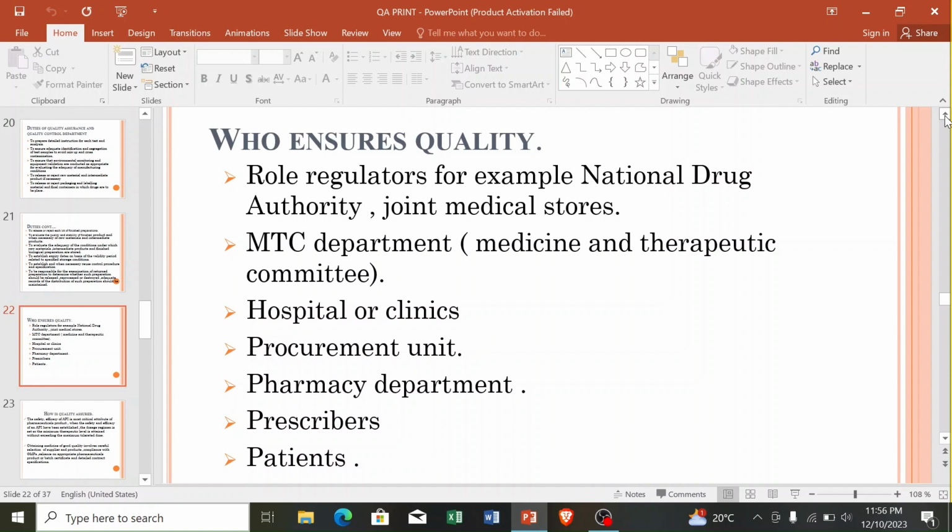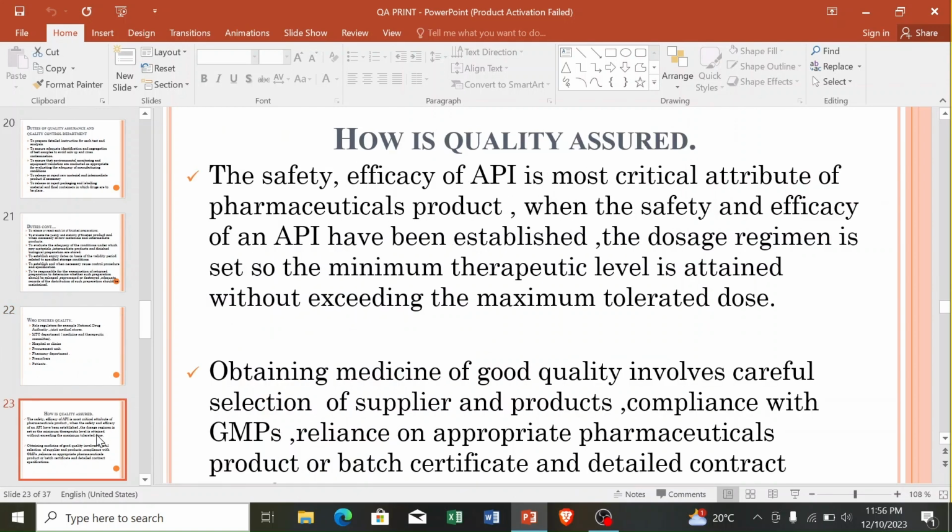We have the prescribers, we have the patients, and then we have those other professions in the field: orthopedics, the lab technicians, those responsible for sonography, are also part of those that ensure quality. We have the nurses and midwives. The list is long, so you include others. And then we have patients, physicians, okay. So that is it.